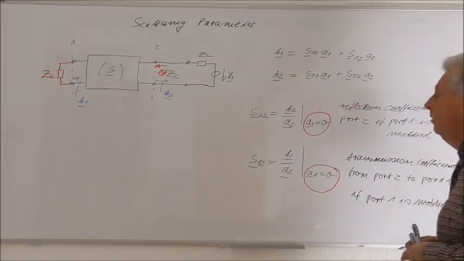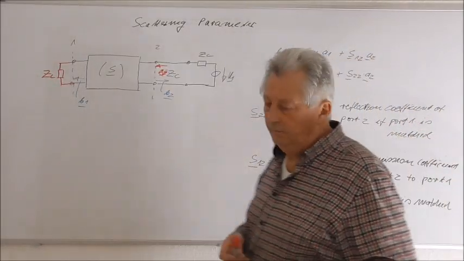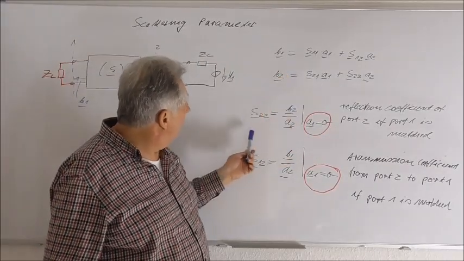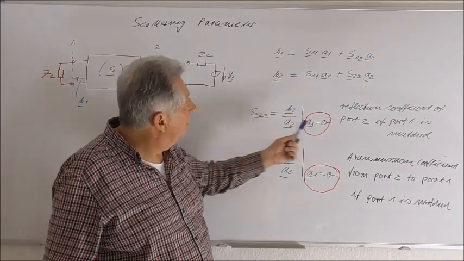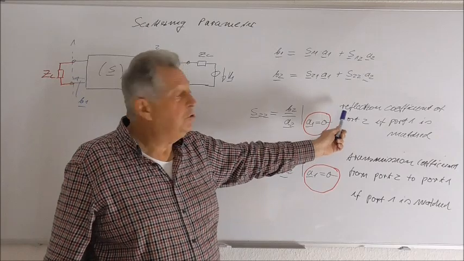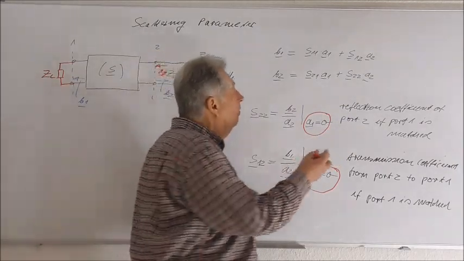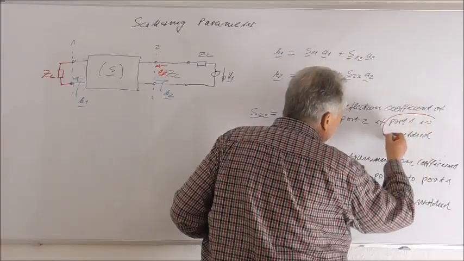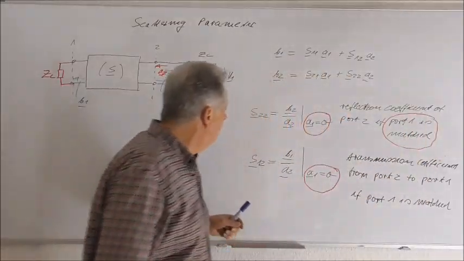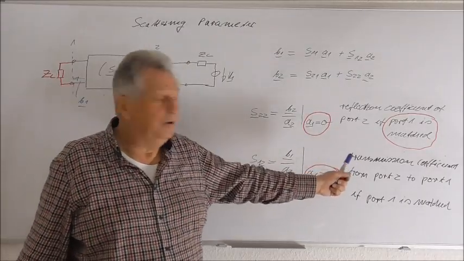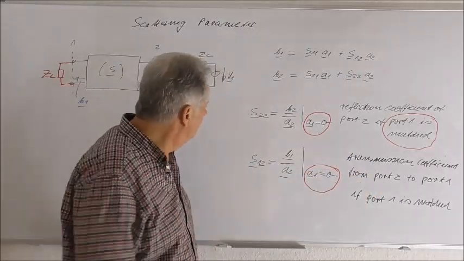So now we can describe the meaning of these parameters. S22, for example, is then the reflection coefficient of port 2 if port 1 is matched. And S12 is the transmission coefficient from port 1 to port 2.